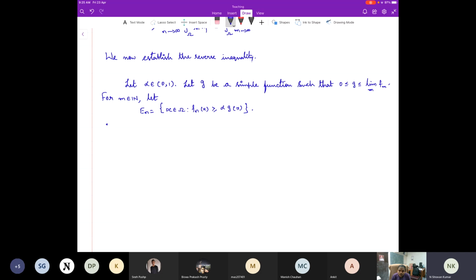The f_n's are increasing, therefore E_n is a decreasing sequence.